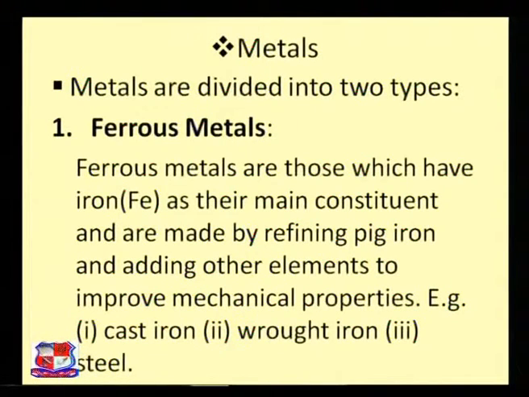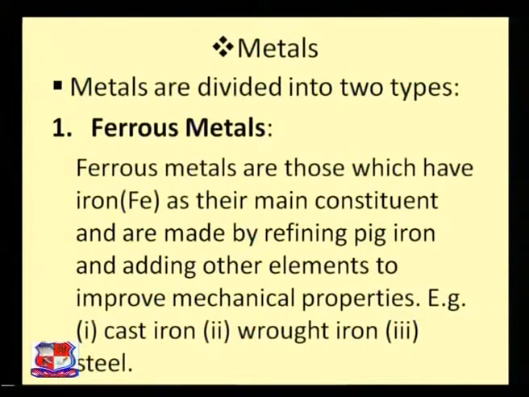So whenever Fe, iron, is present in a major amount, that metal is called a ferrous metal. There can be some other impurities or elements added for some physical performance, to fulfill some proper characteristic. That's why we can add those other elements. Otherwise, in every ferrous metal, iron works as the main constituent.